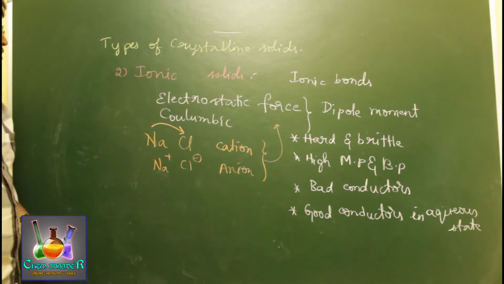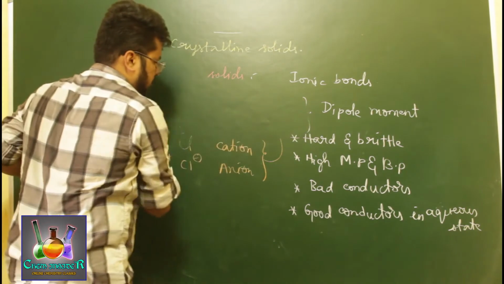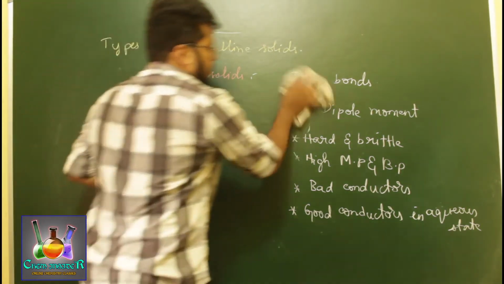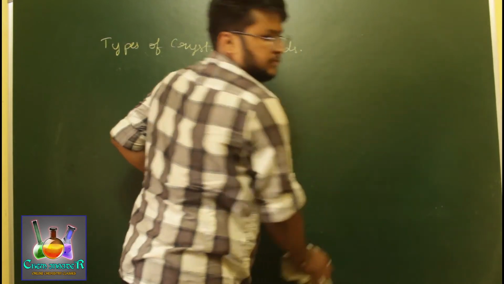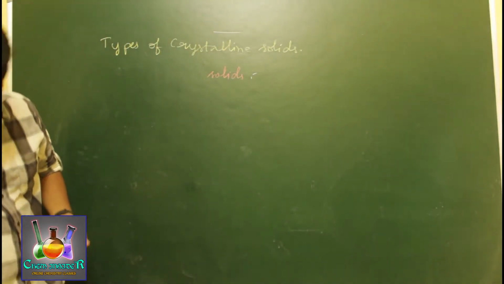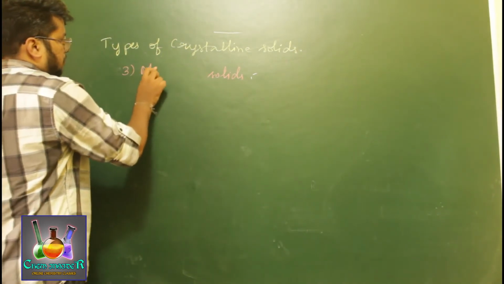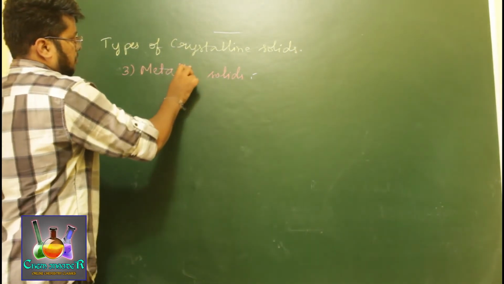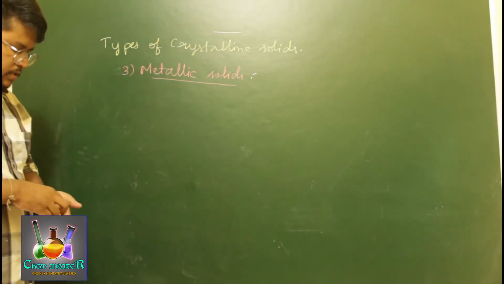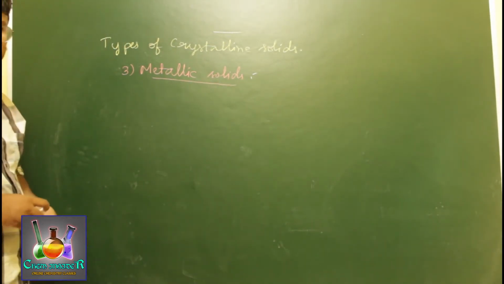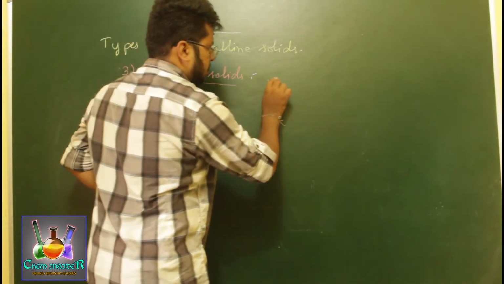Next we are going to discuss metallic solids, the third type of crystalline solid. A metallic solid can be explained better with an example. Let us consider this is a metal sheet.